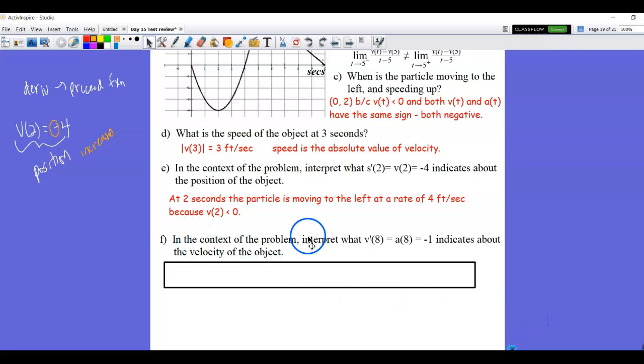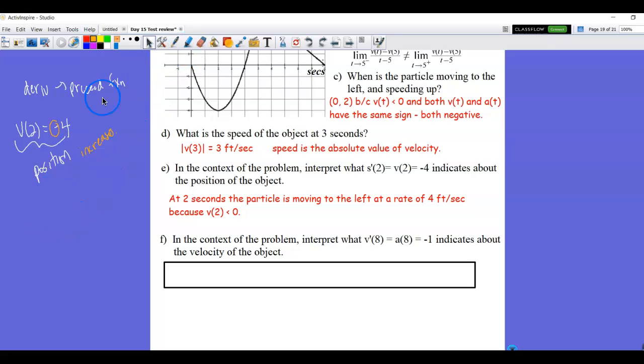Letter F. Here's another one. In the context of the problem, what does V prime of 8, the derivative of velocity or acceleration at 8, indicate about velocity? We're basically going to follow the same pattern at 8 seconds. Acceleration modifies, describes, indicates information about the preceding function.